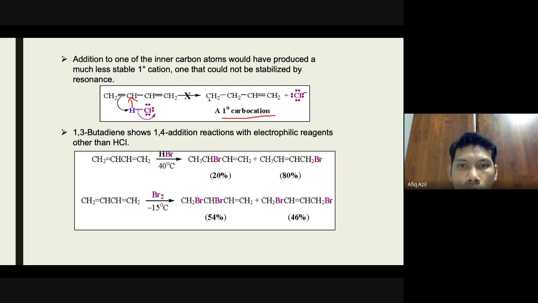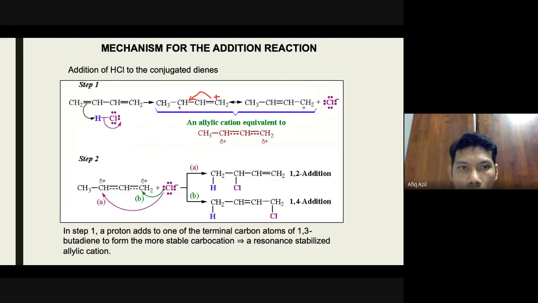So no reaction happens. Instead, this hydrogen will always go to this one, so that the carbocation formed will be secondary, like this.